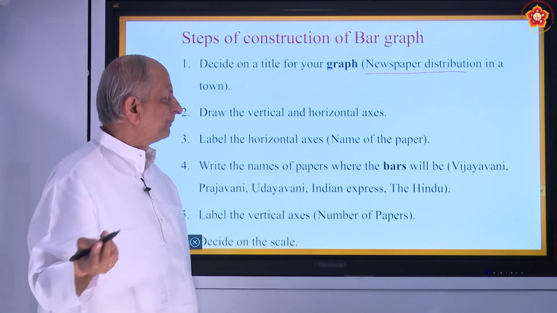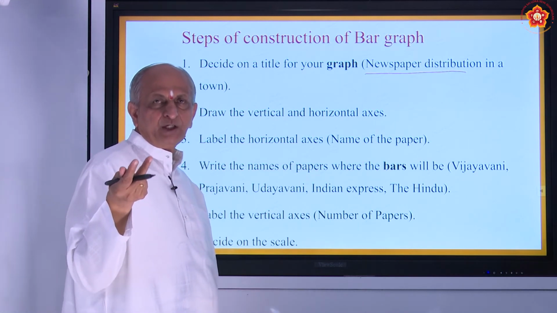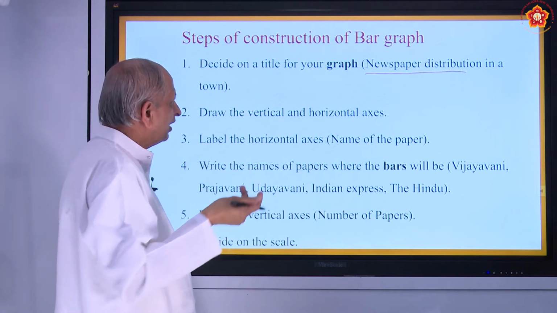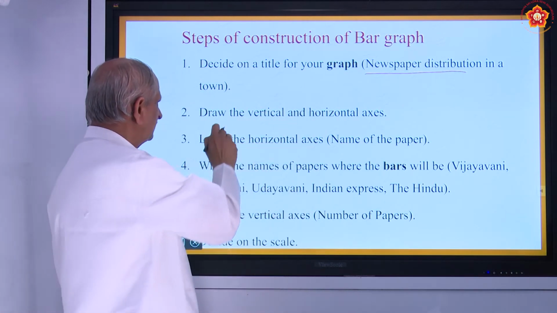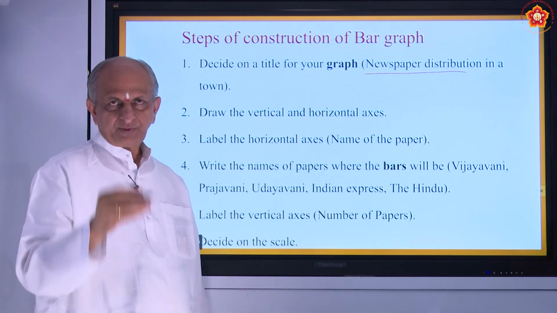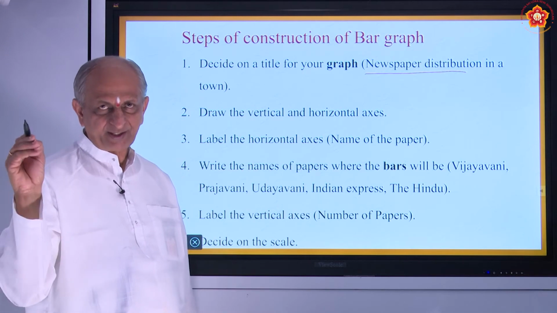For example, as given, blood group, it may be results of a school, it may be the crops in a particular village, or it may be newspapers, etc. So you must give a title for that. Then draw the vertical and horizontal axes. The vertical axis is called the y-axis, the horizontal axis is called the x-axis.